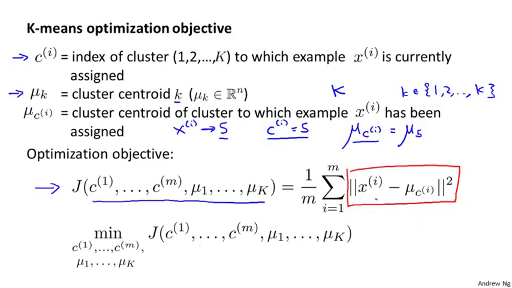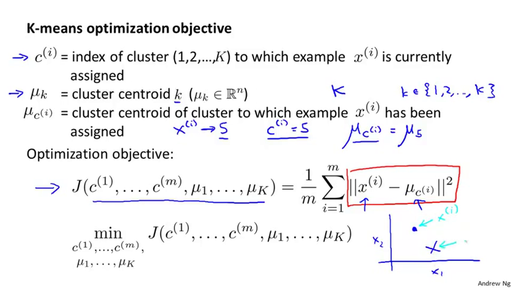Let me explain this. Here's the location of training example x^i, and here's the location of the cluster centroid to which example x^i has been assigned. To explain this in pictures, if here's x1, x2, and a point here is my example x^i, and if x^i has been assigned to some cluster centroid, I'm going to denote my cluster centroid with a cross.